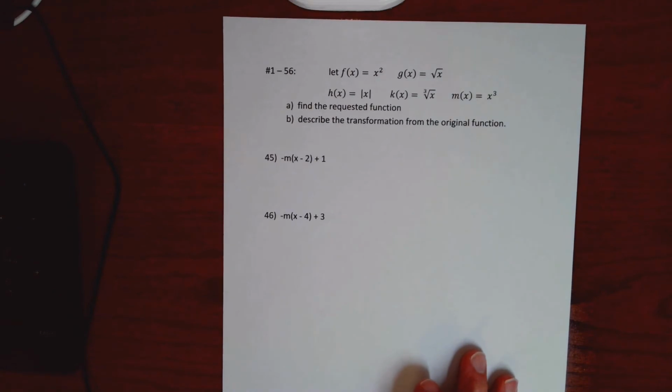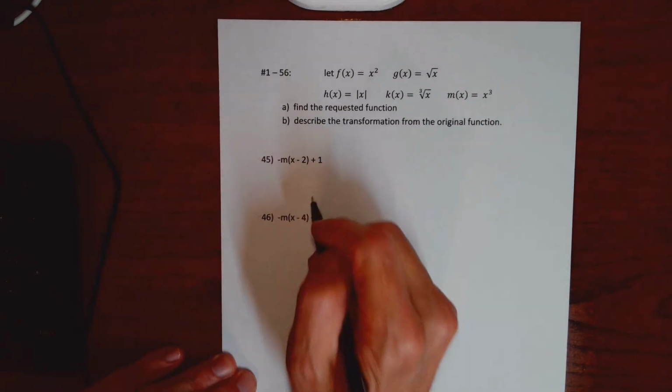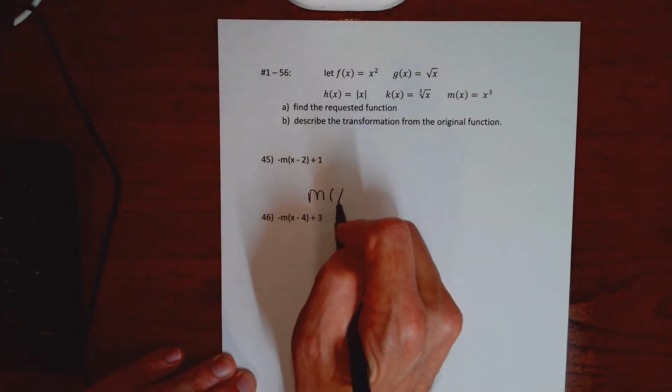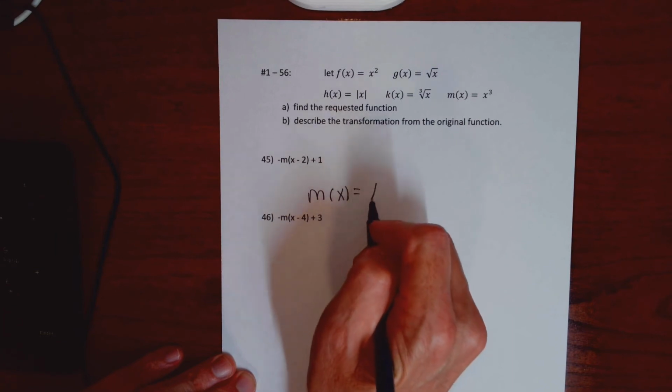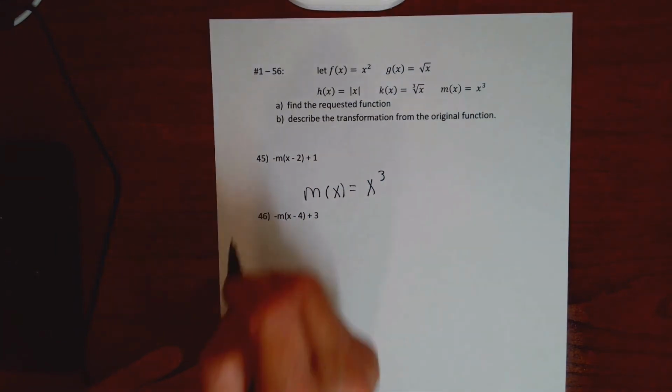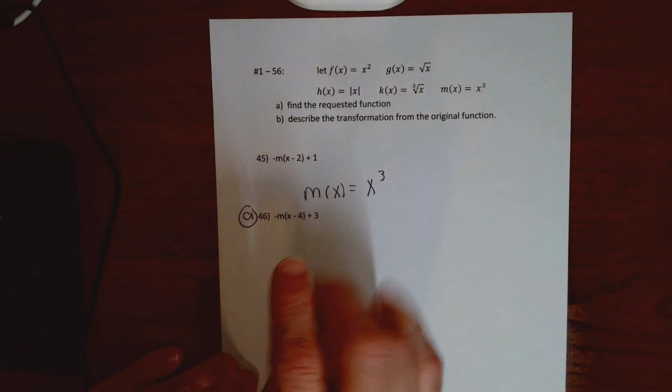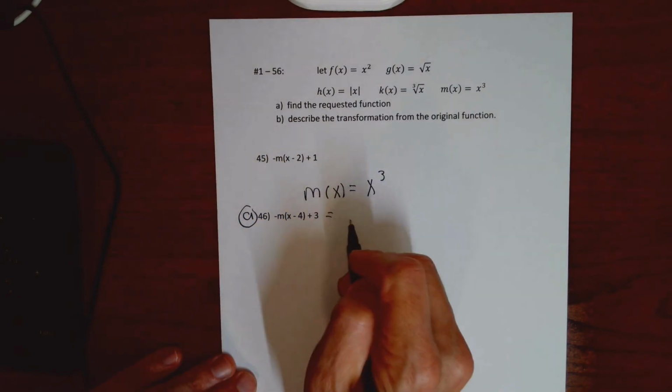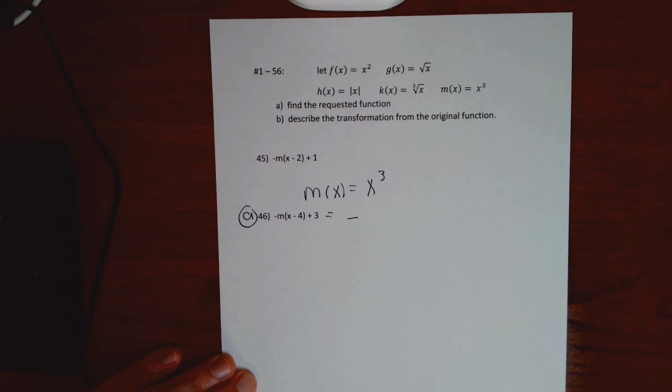Oh, this calls out the m function. First time for this. The m function is the x cubed function, not a common function to work with. That's why I probably waited all the way to 46 to work with it. For part A, I need a negative preceding whatever I write, not in a parentheses.